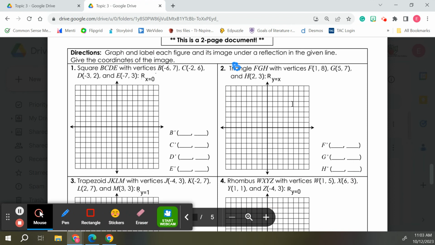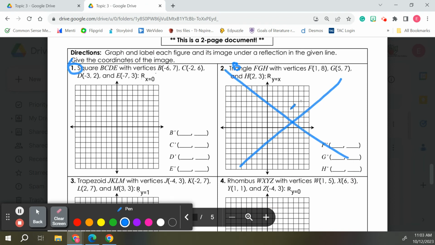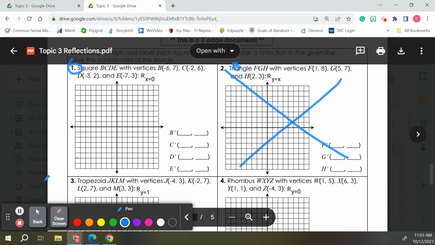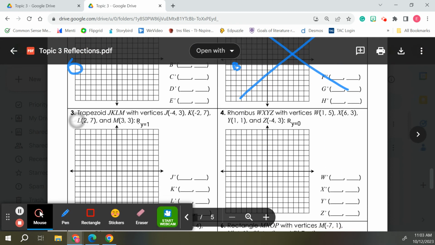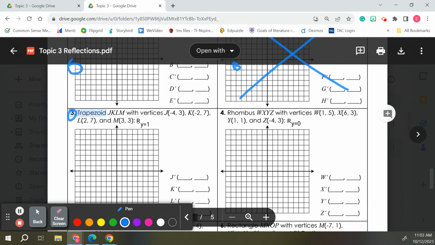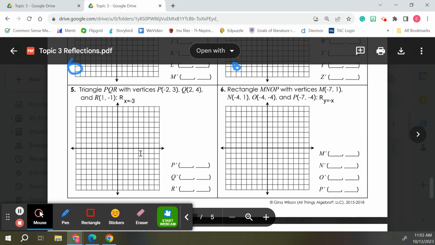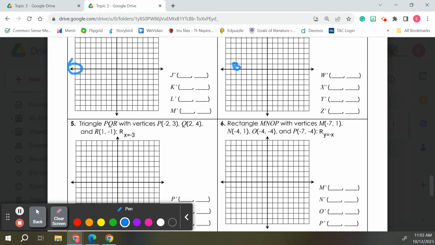You're definitely going to have 1, you can cross out 2. You're going to have 3 and 4. You're going to have 5 and you're going to cross out 6.